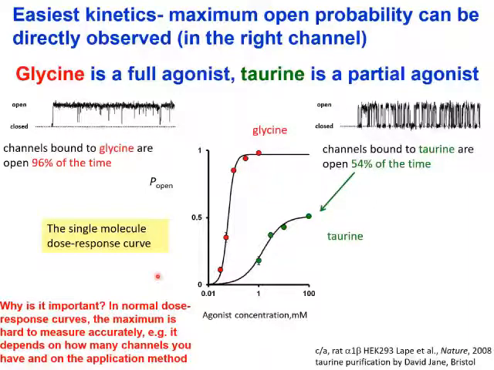It cannot be easily correlated with the opening of channels, because it depends on how many channels you have in that particular tissue, and it may vary from one tissue to the next. And it depends on the application method for the agonist. So if you apply the agonist very slowly, you get a lot of desensitization occurring at the time that you are applying the agonist, so you get a different maximum. But this is quite a different measurement. It's an absolute measurement, and a measurement that is quite reliable and can be interpreted in terms of mechanism.